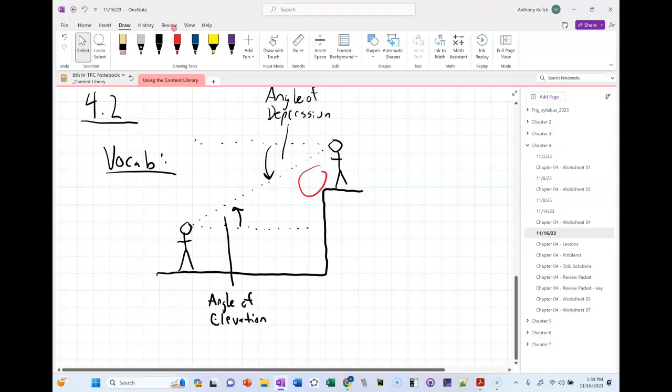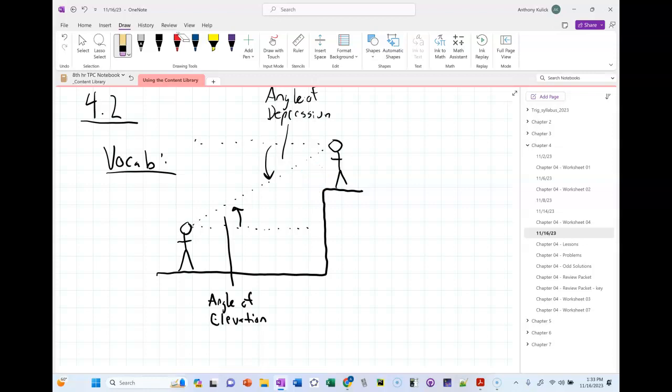I'm warning you right now because come test time, you'll see a problem that includes an angle of depression, and a third to a half of us will put it in the wrong spot typically. I'm going to try to stop you from doing that right now by telling you that you're going to do it, and you have to be careful about it. See if you can help me out with that.